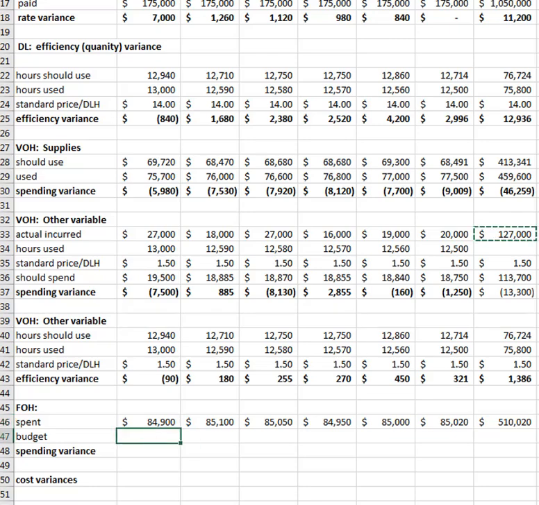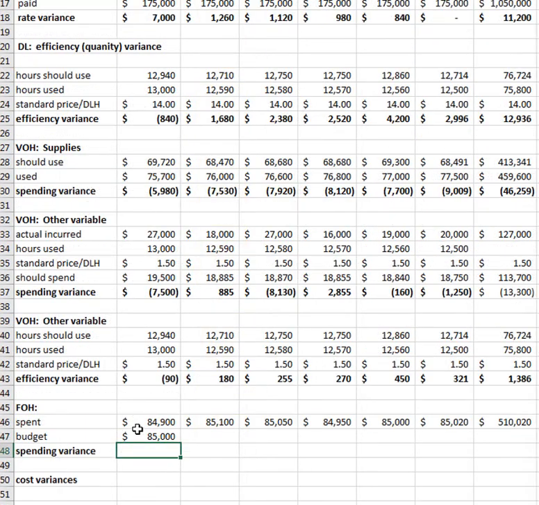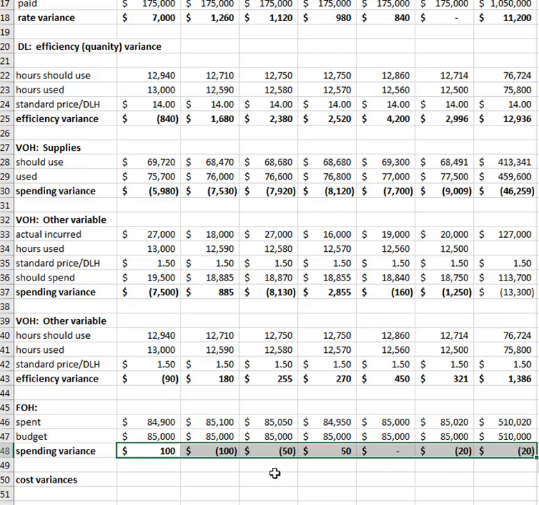And then the budget was just a fixed amount. And then what you should have spent, which was the budget, compared to what you did spend. And so that's a very minor area, so it doesn't look like the fixed overhead.